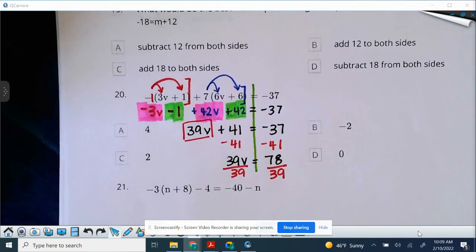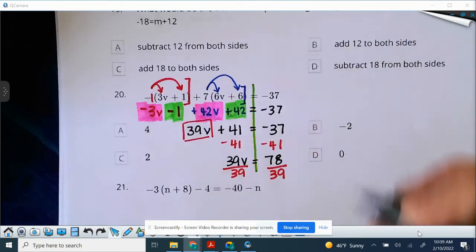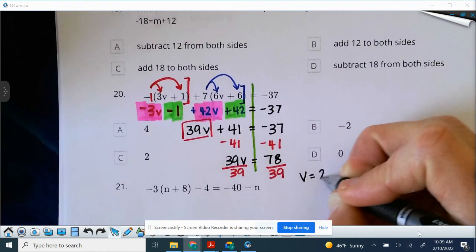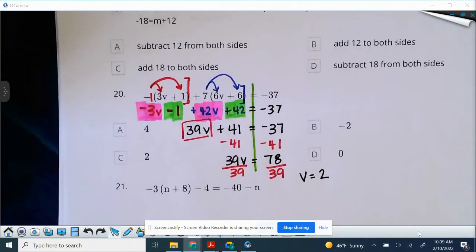And does anybody see my error? Because there's definitely an error. For 2 points on your quiz, can anybody see where I messed up?